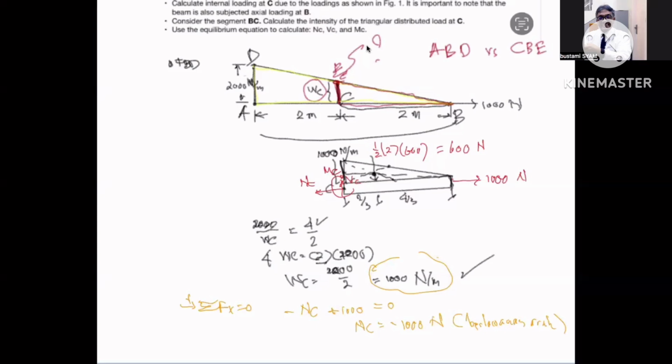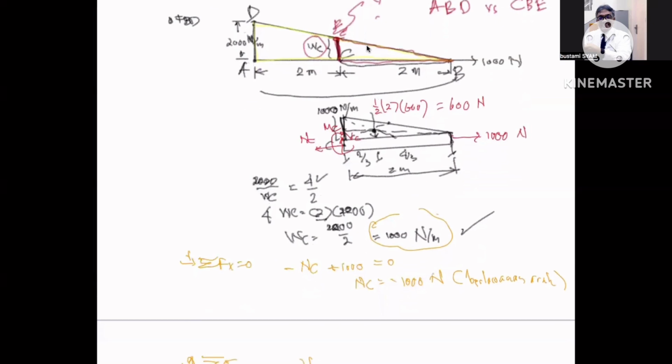Well, now let's see. So we have here 1,000, and this one is supposed to be 2 meters, right? 2 meters.